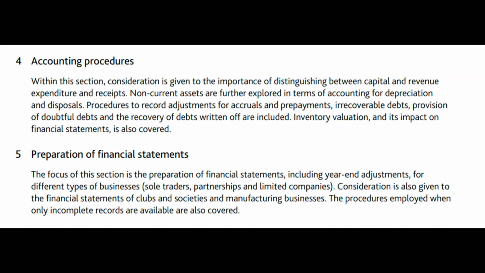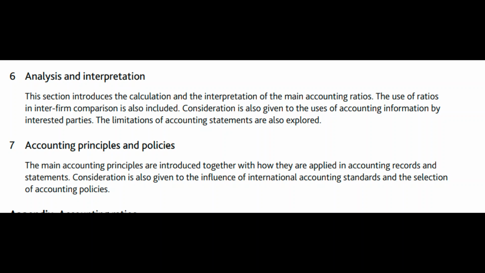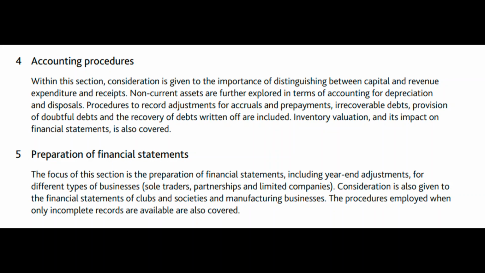Now, section 5 is about preparation of financial statements of sole traders, partnership, and few extracts of limited companies too. It also includes, of course, final accounts of non-profit oriented organizations and manufacturing businesses. Students usually focus on this section to acquire the knowledge of formats, and they compromise on other sections, which is actually not the right approach, because in order to produce financial statements properly and correctly with very clear idea, basic accounting must be focused on.